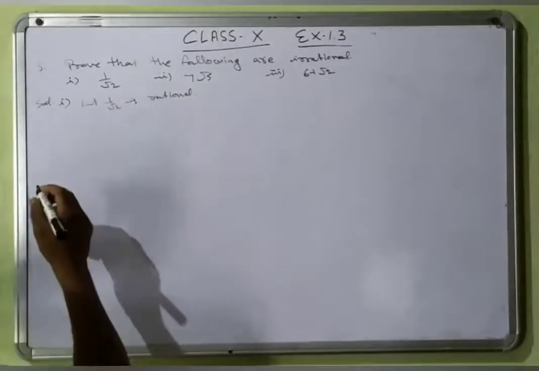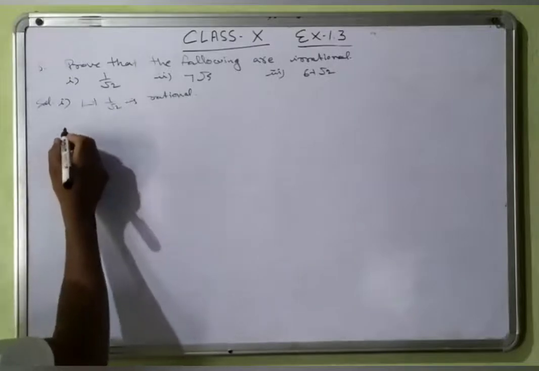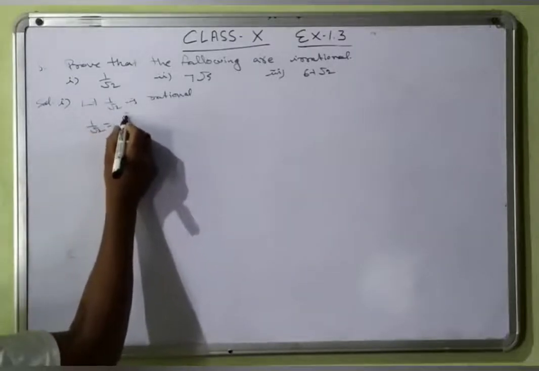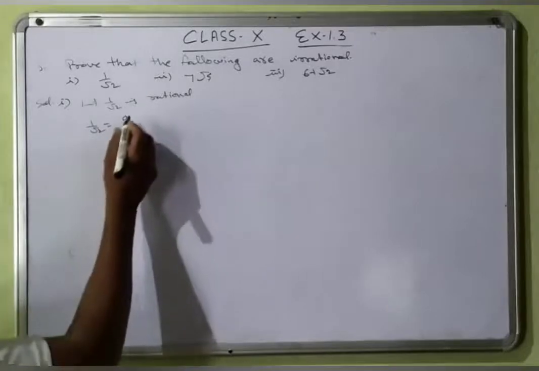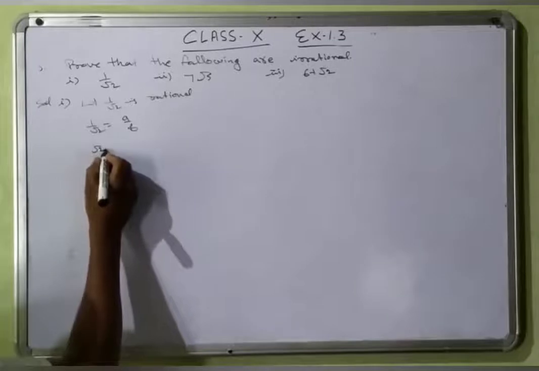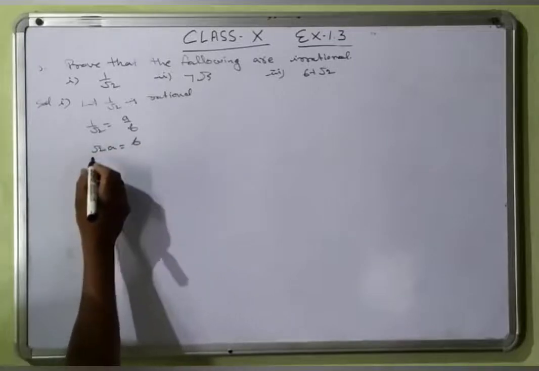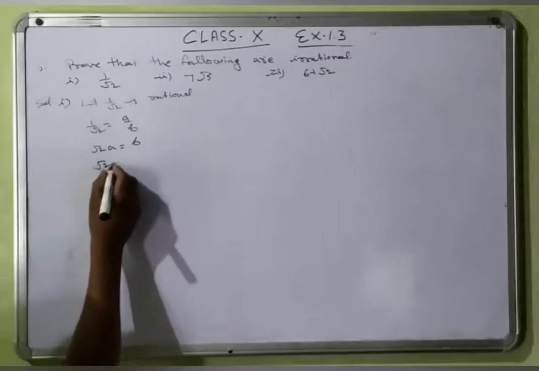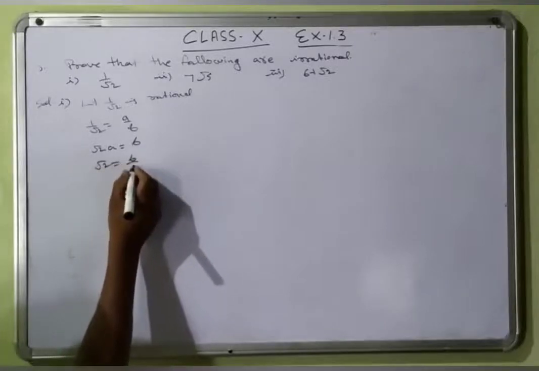So 1 upon root 2 is equal to a upon b. By cross multiply, root 2 a is equal to b, so root 2 is equal to b upon a.